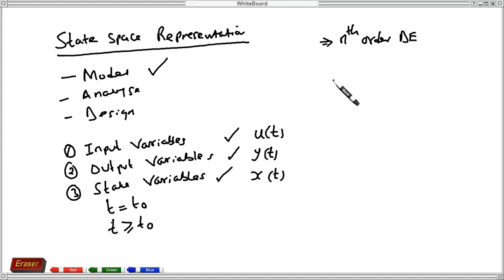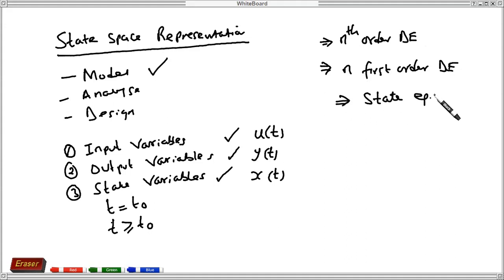The solution of the responses of the system using the nth order differential equation becomes tedious, and therefore we attempt to break down the nth order differential equation into n first order differential equations. If we can do that, we come up with two sets of equations: the state equation and the output equation.